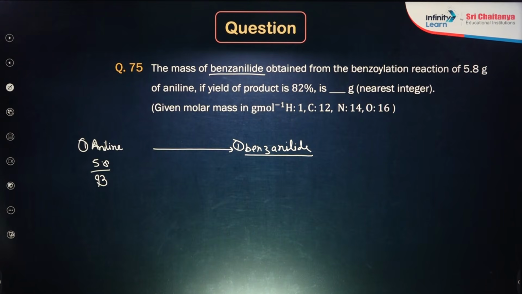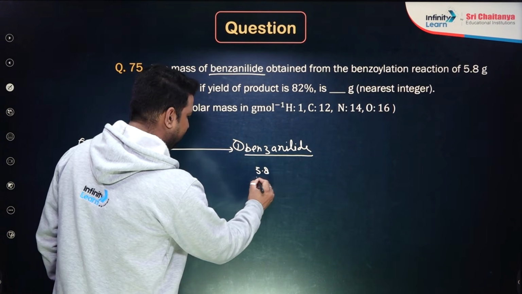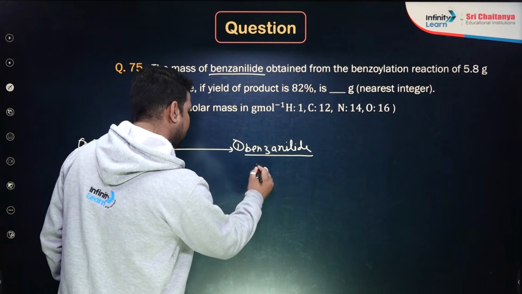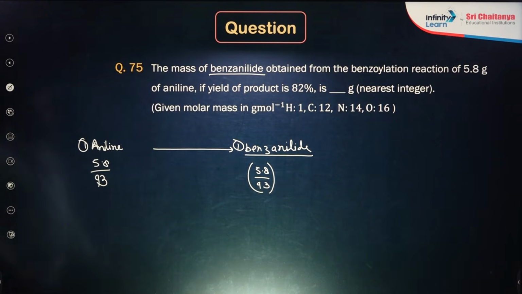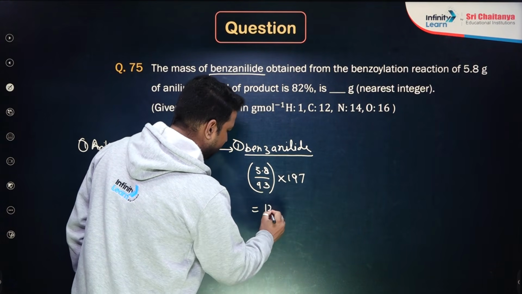5.8 upon 93 is the moles of aniline, which can produce exactly the same moles of product. It comes out to be 0.0623, which should be multiplied by 197, giving 12.29.